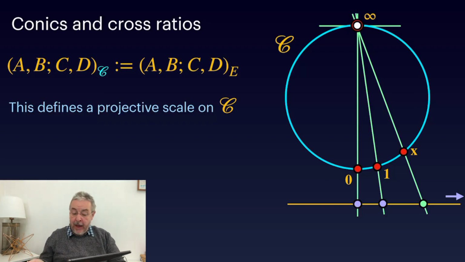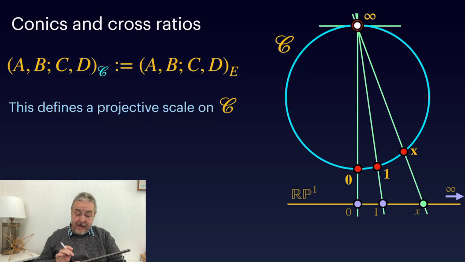You may wonder why. Well, the cross ratio between these 4 lines is exactly the cross ratio between the 4 corresponding points here. One of them is at infinity, and the values of the cross ratio behave exactly like that. We had that already when we were talking about projective scales.